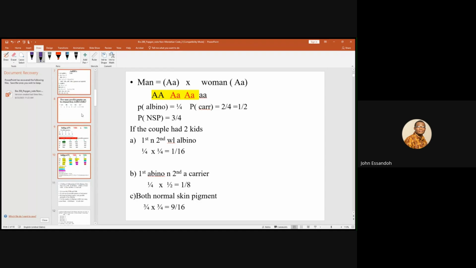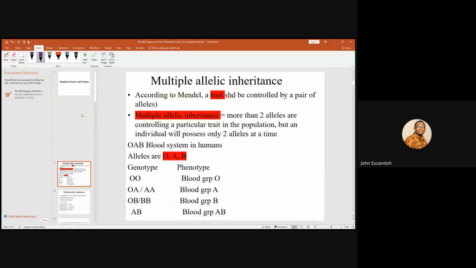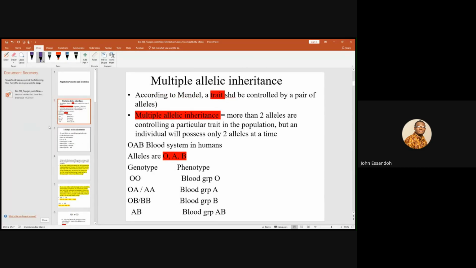I started from multiple allelic inheritance, so I'll go back a little bit. I'll keep it as multiple allelic inheritance and then I'll send it to you.